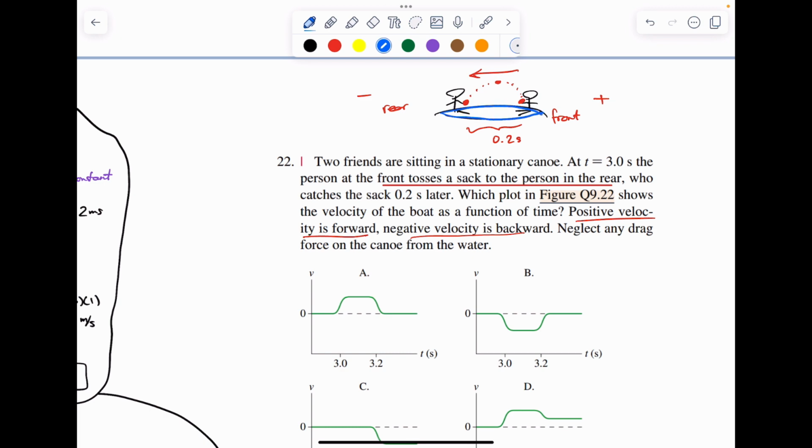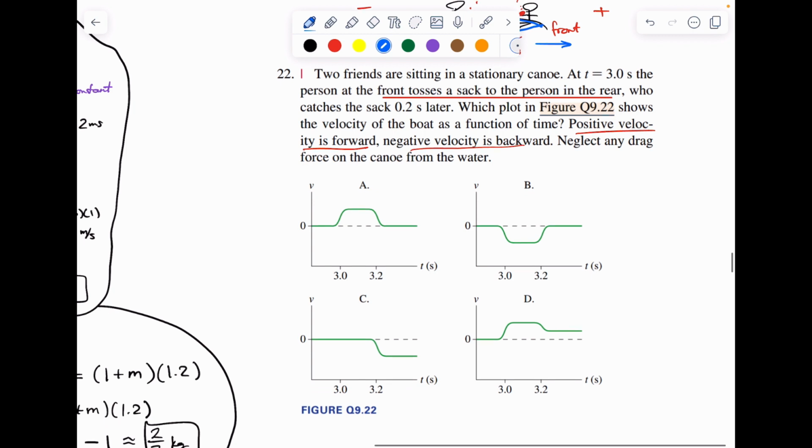The moment the first friend throws the ball, he provides an impulse to the ball, and the ball provides an impulse to the friend as well as to the boat, because they're sitting in the boat. So the boat should initially start moving forward in the positive direction. So if we look at our graphs, any graph that gives us a negative velocity is wrong. So that's wrong. This is wrong. So really the only options are either A or D.